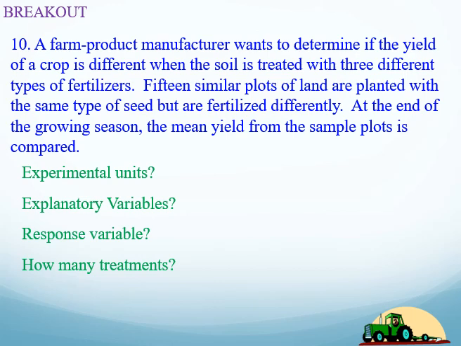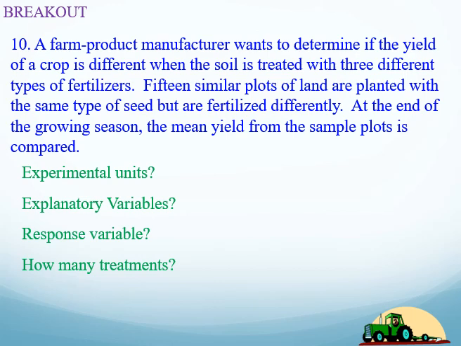At the end of the growing season, the mean or average yield from the sample plots is compared. All right, so now think about what the experimental units are, what the explanatory variables are, what the response variable is, and how many treatments we have. So pause this video and write out those things in your notes. And when you're finished, unpause the video.